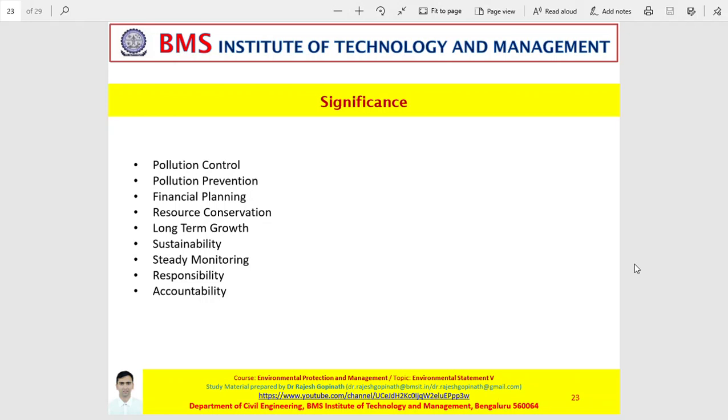Hence, they are also accountable for it. So this is an interesting measure which helps the industries to curb their pollution activities. Let's summarize.